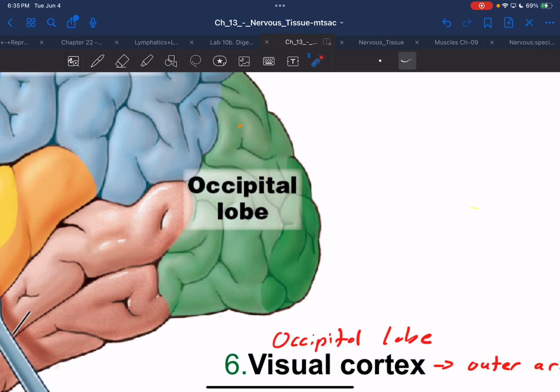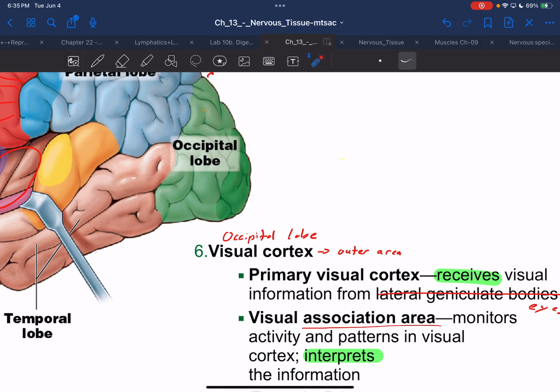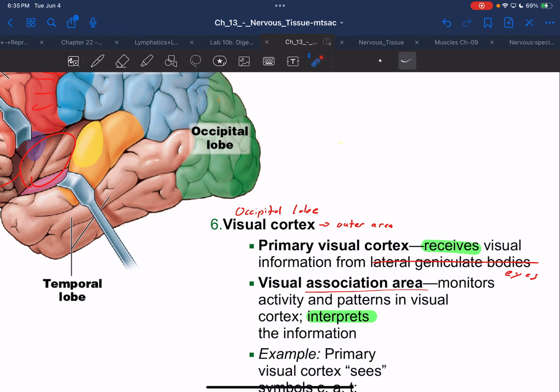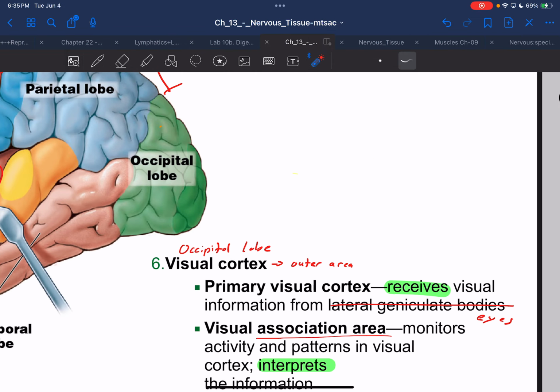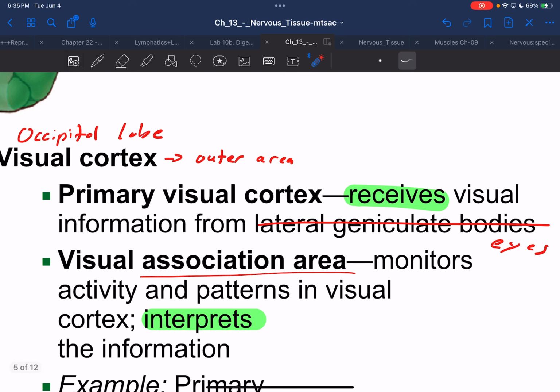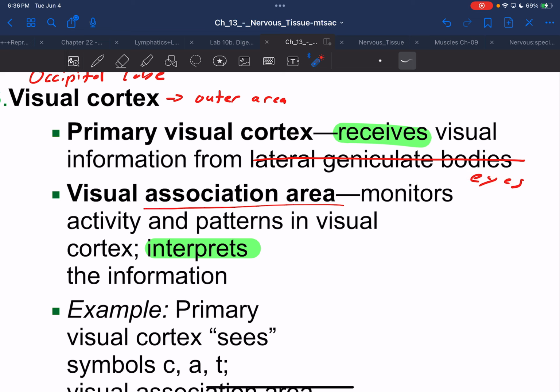The occipital lobe receives all visual stimulus, meaning everything you're seeing on this presentation screen, you are receiving it and processing it in your occipital lobe right now. And so where you receive the signal, you receive the visual, and then you get that information from the eyes.